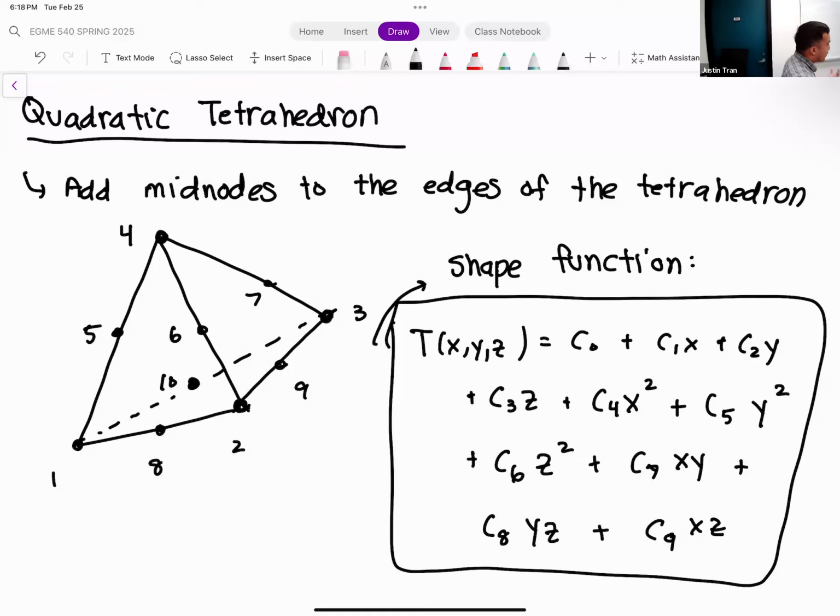And so, like we kind of talked about at the beginning of class today, more terms here means that these elements have a lot more capabilities to approximate different solution behaviors. Okay, so basically any quadratic dependence, any dependence on two variables at the same time, this element can capture that.